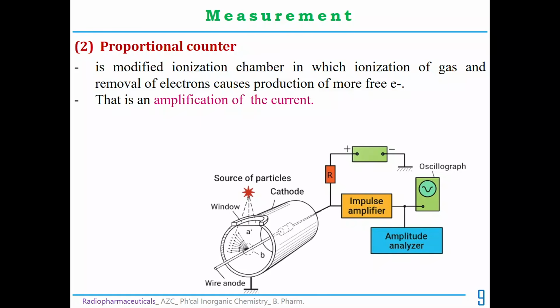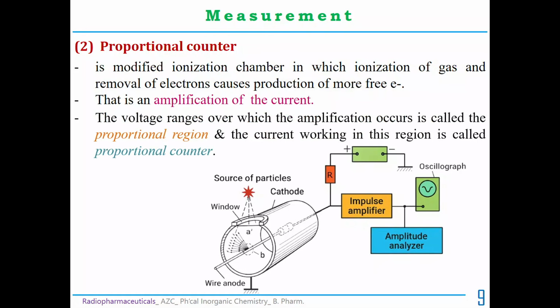It is a modified ionization chamber in which ionization of gas and removal of electrons causes production of more free electrons. That is, an amplification of the current. The voltage range over which the amplification occurs is called the proportional region, and the counter working in this region is called proportional counter.